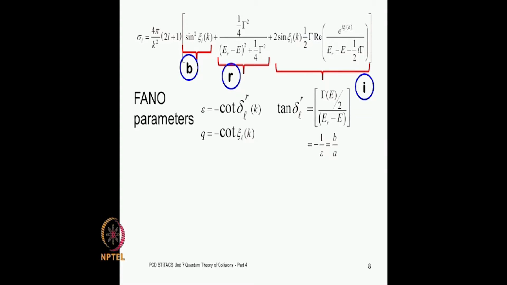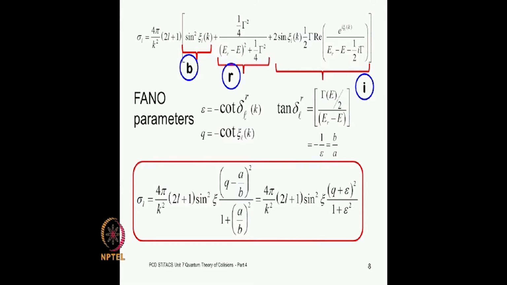And now we have these Fano parameters q and epsilon, and in terms of this we have the same scattering cross section, which contains information about all of these three together, but written in this single term, in terms of two parameters which are q and epsilon.